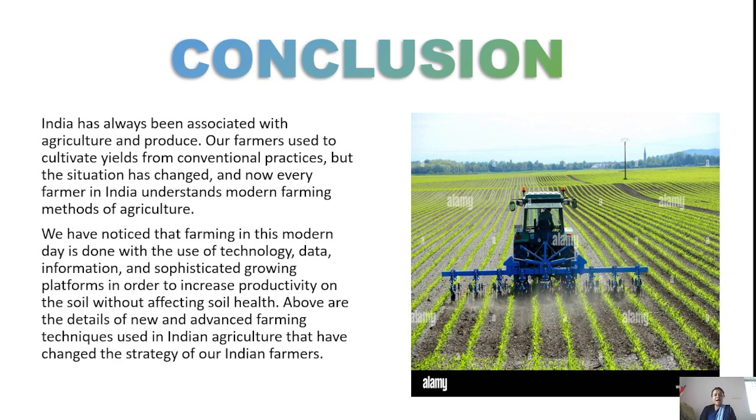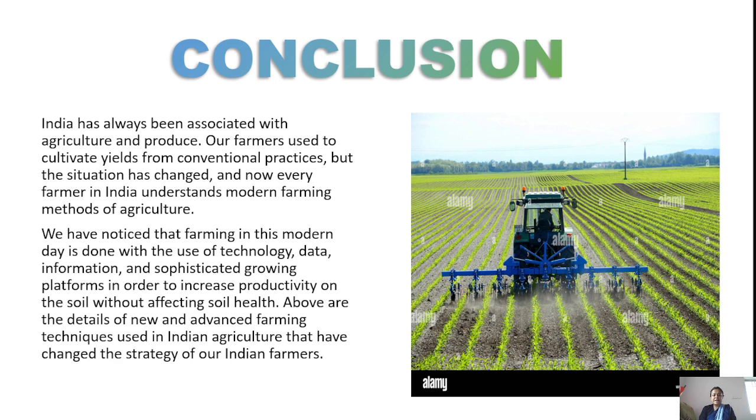This introduction has helped many farmers in producing a good quantity of crops as well as helping them raise more income. It also helps in increasing our GDP, which is very much required for a country to flourish.